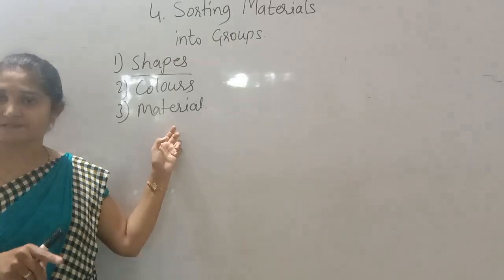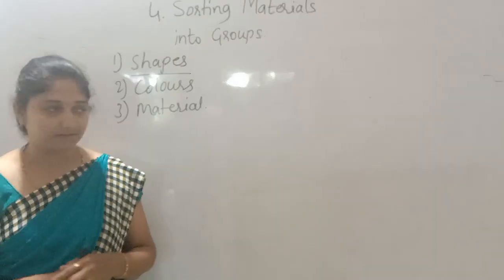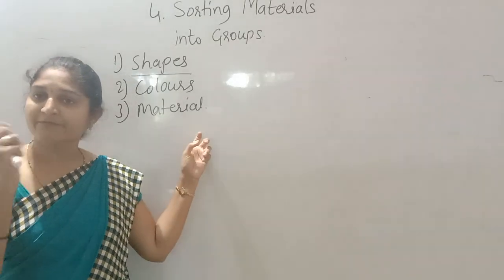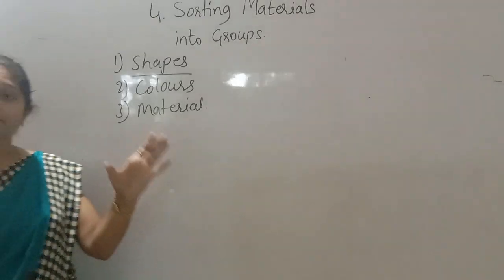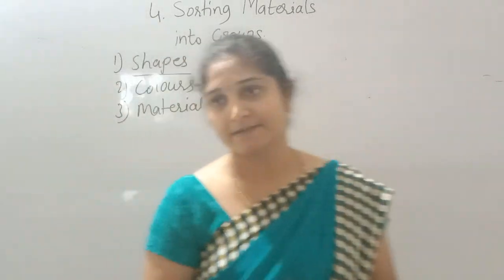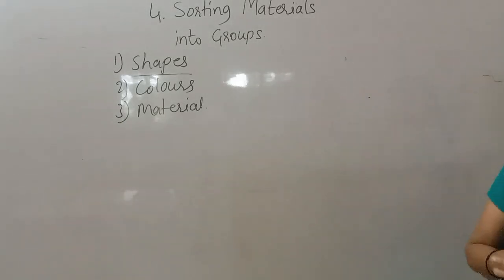So for example, I am taking plastic material as one reference. Sort out the objects which are made up of plastic. What are you going to do? Write down what all the objects are.